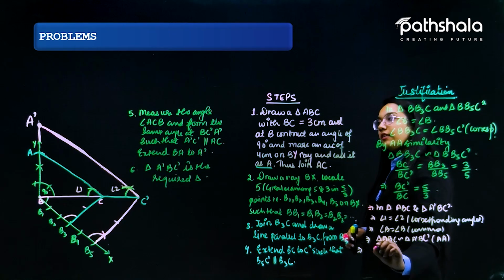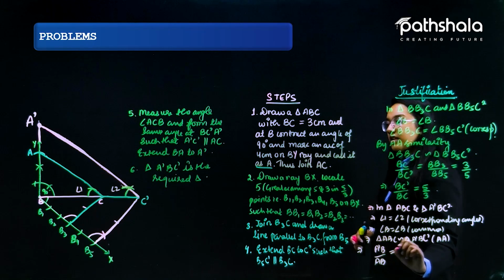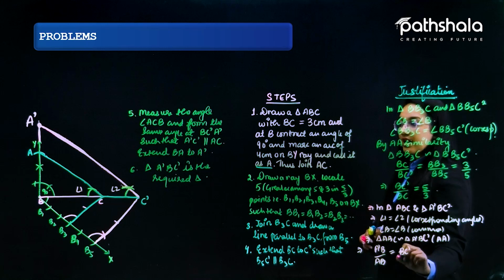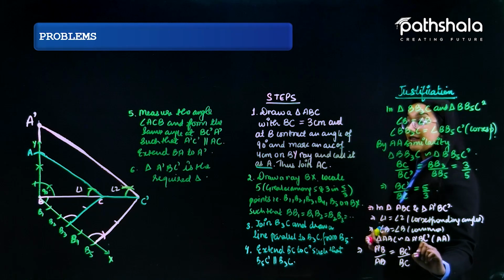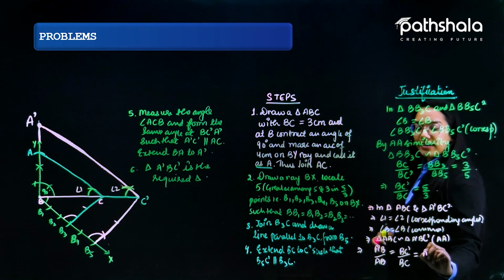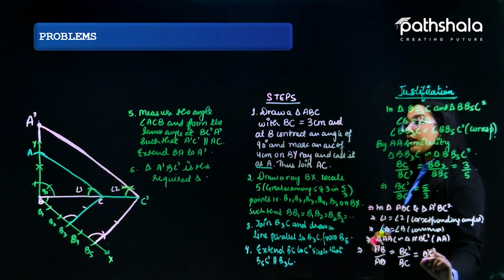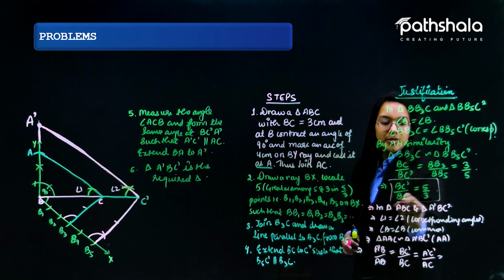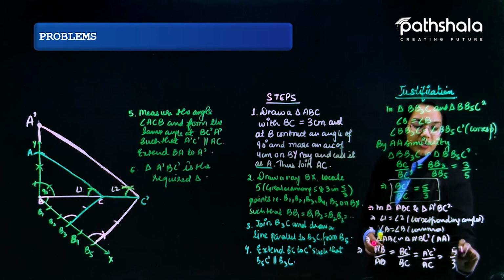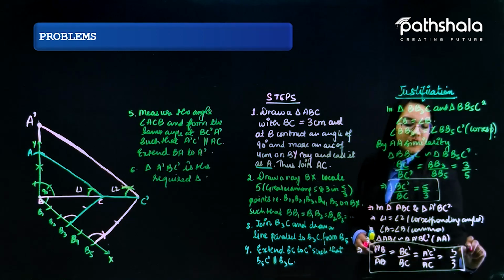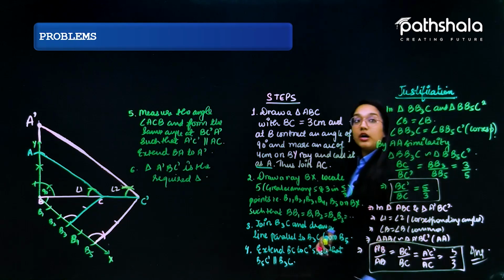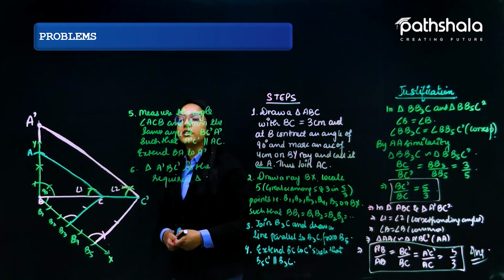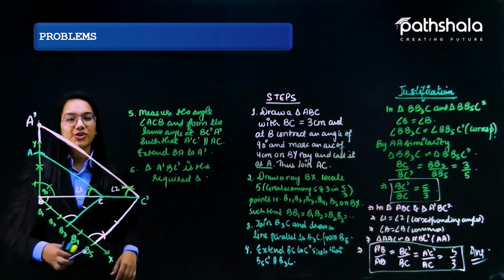It means A dash B by AB is equal to BC dash by BC, which is equal to A dash C dash by AC, and we know that BC dash by BC is 5 by 3, so this would be 5 by 3. Hence this is the justification for this particular question. I hope all the steps related to this construction are clear to you.